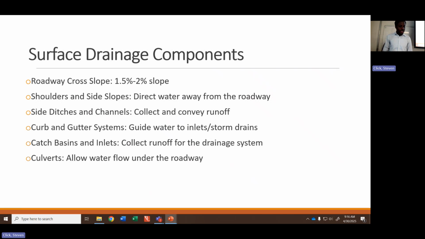We have catch basins and inlets that are part of the systems that take water from the curbs and gutters and transfer it to various outfalls outside of the roadway systems. And we have culverts. Culverts allow water to cross roadway sections, areas where the water alignment and the road alignment meet. You can create culverts to allow the water to pass through without interfering with the roadway.